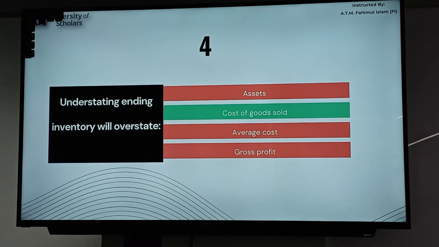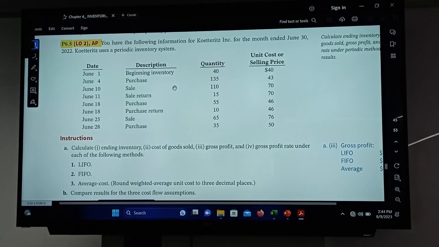Now, let's do a practice math problem regarding this chapter. We'll be doing it in Excel, and we will show you how we did that. This is a math problem from our accounting textbook, which I have already shared in our portal.